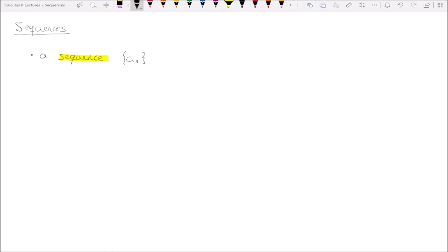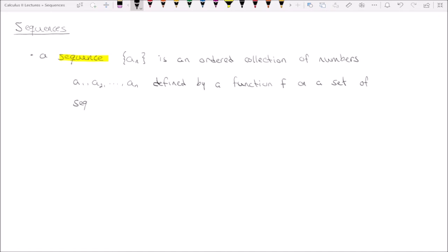A sub n is an ordered collection of numbers A1, A2, so on and so forth, up through A sub n, which is defined by a function f on a set of sequential integers.